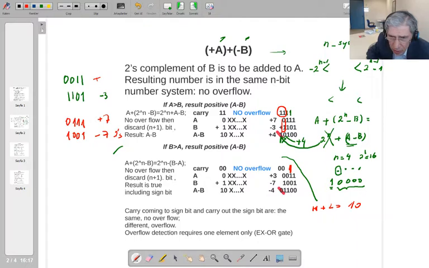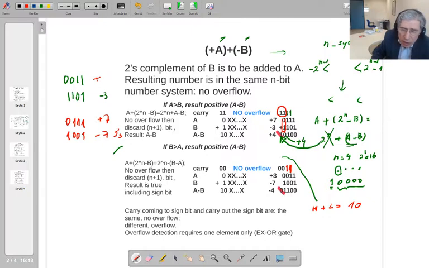So 1, 1, 0, 0 here, and 1 more carry here. It doesn't become 2, so that's 1. So there is no carry here. It's going to be this.